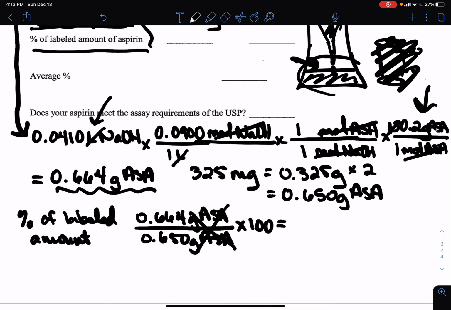You put that into your calculator and you get 102%. So I got a little bit more than 100%.